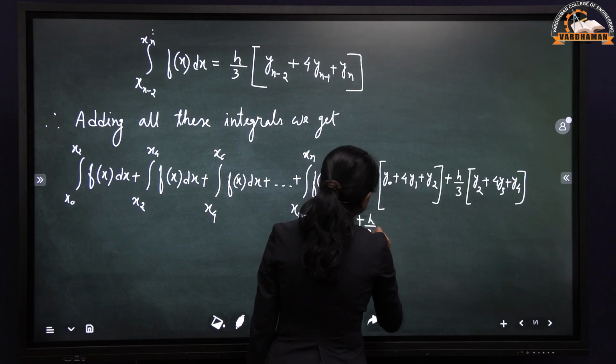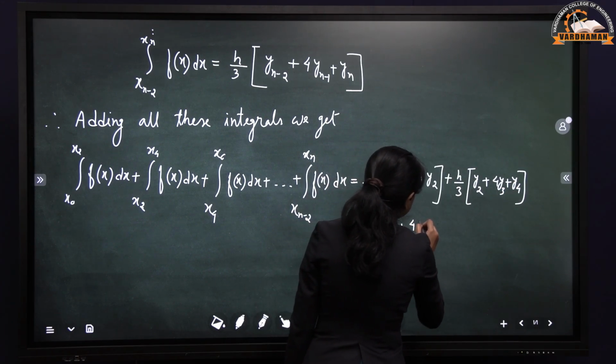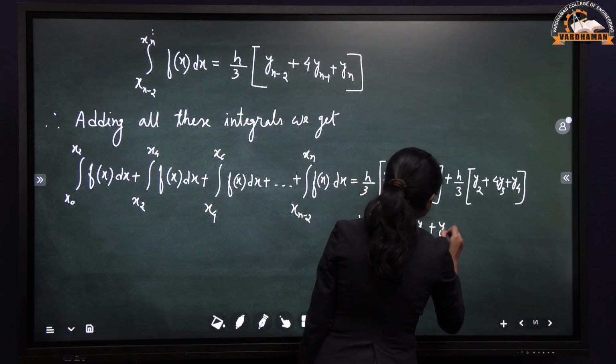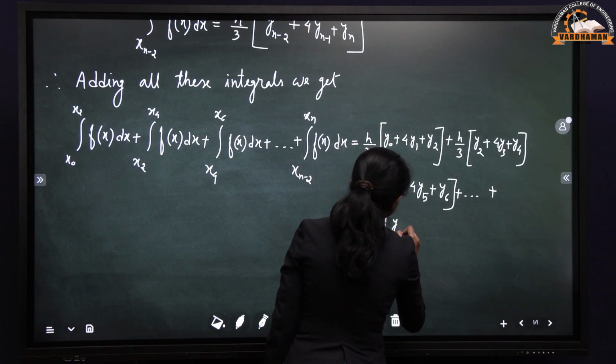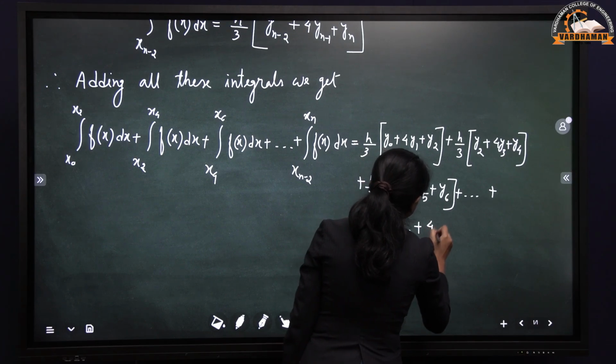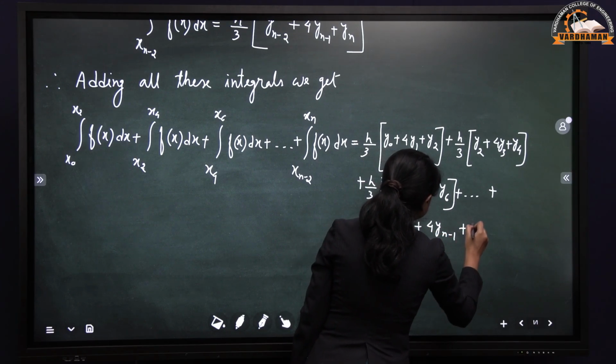Third term h by 3 [y4 plus 4y5 plus y6] plus so on plus last term h by 3 [yn minus 2 plus 4yn minus 1 plus yn].